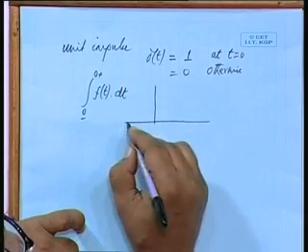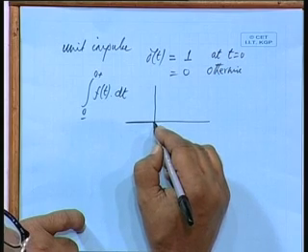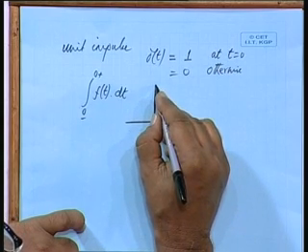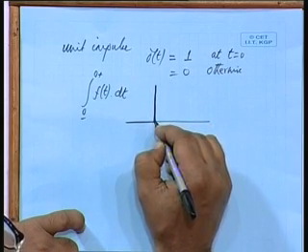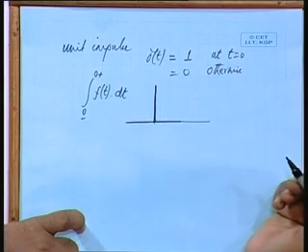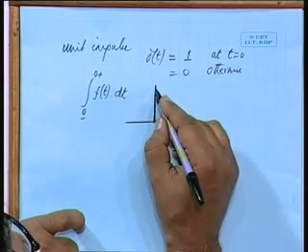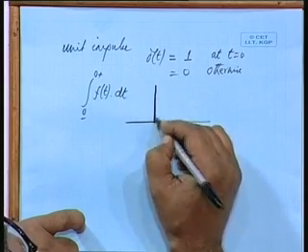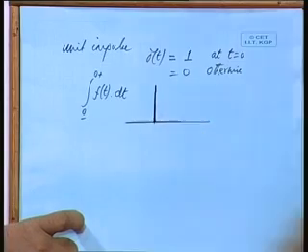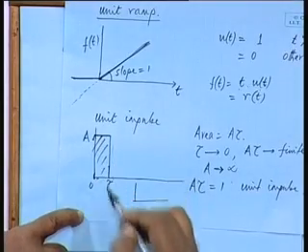That means the function is coming here, its magnitude is very, very large and duration is very, very small, and then it is going, and this thick line represents something equivalent to this area.